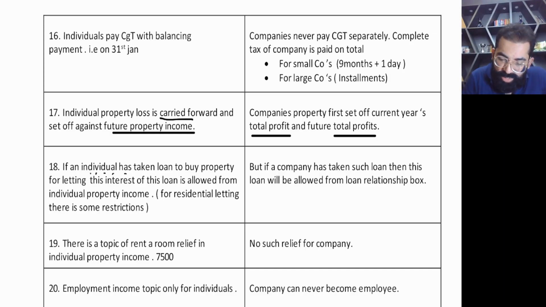Then, if an individual has taken a loan to buy property for letting, that loan interest is allowed from individual property income. Yes, it is an allowed expense, but there was an exception. If that is a residential property, then it's not directly allowed from individual property income, but in the end you get tax relief at the basic rate of 20%.